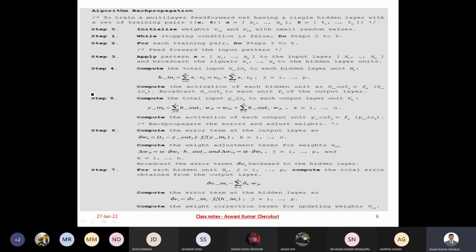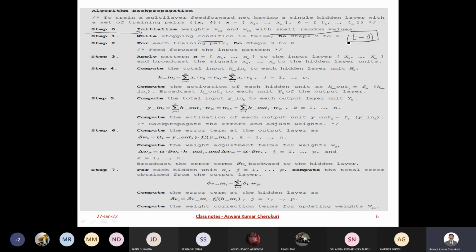Okay, so this is the backpropagation algorithm. Whatever steps we have narrated, you can find them here in the form of a formal algorithm. You can notice that initially we initialize all the connection weights to some small random values. Then, till a stopping condition is met. Typically the stopping condition is t minus o is 0.